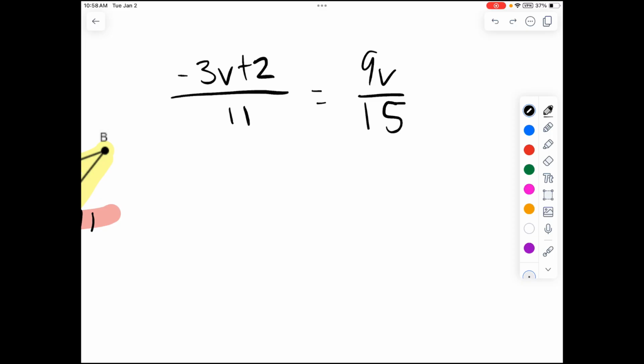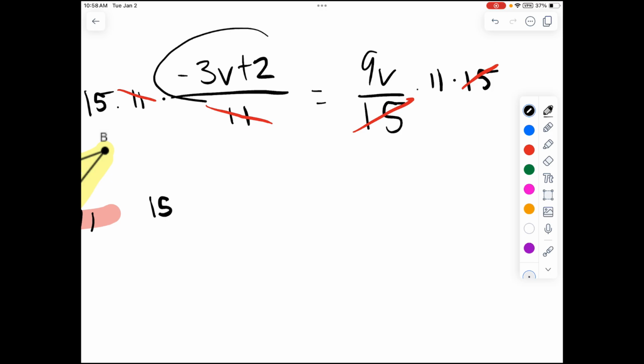So you say, okay, how do we solve for this? First off, I don't like fractions, so I'm going to undo the division with multiplication. When you multiply by 11, that'll undo the fraction on the left. But you also want to multiply by 15, because that'll undo the fraction on the right. So on the left, we have 15 times our numerator, the negative 3v plus 2.